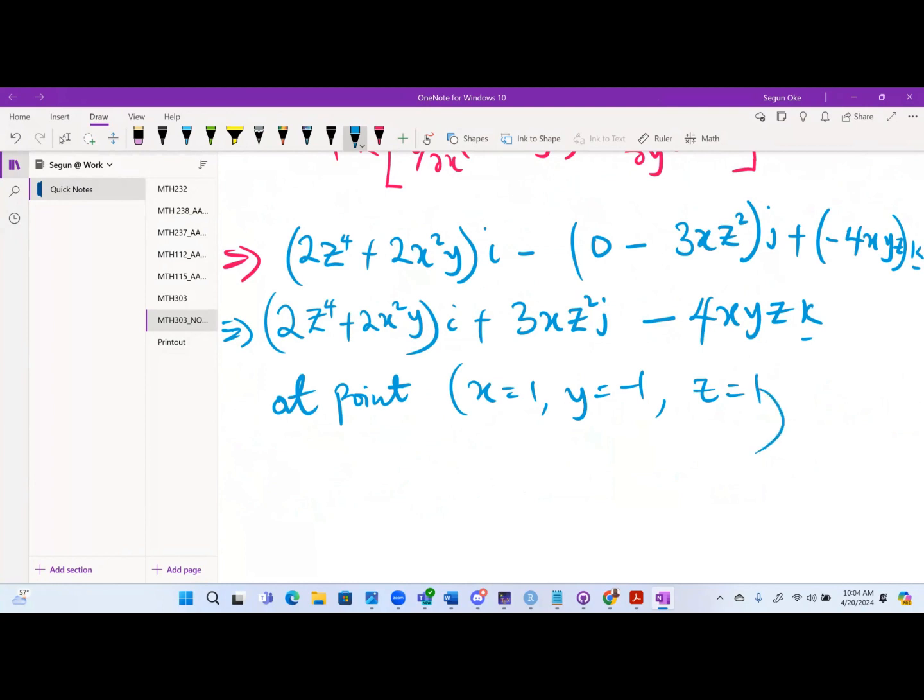Anywhere you see all these variables, substitute this value there.